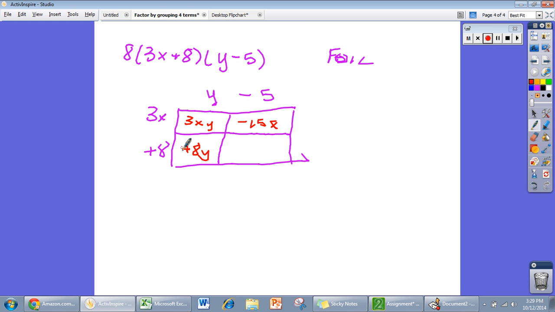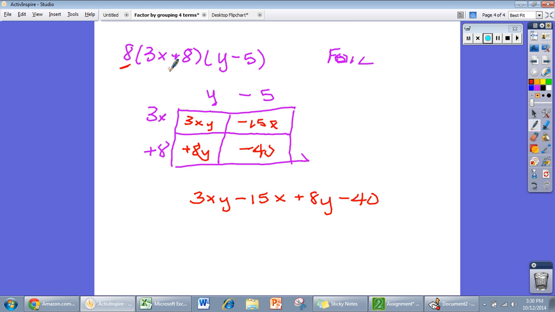And positive 8 times 5 is a negative 40. Pulling everything out, I get 3xy minus 15x plus 8y minus 40.